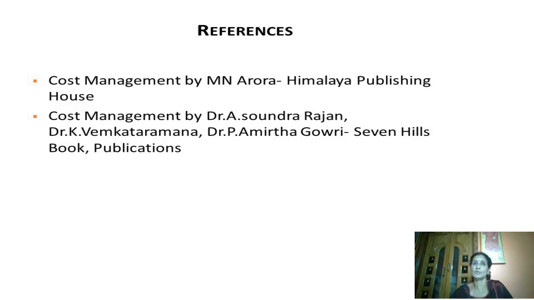When they are hiring more workers, they have to pay wages for those who were hired additionally. So in addition to the regular labor, they have to pay wages even to the additional labor. So here there is variation. The number of units is increased and the labor cost also increased. So that is the reason we can rightly say these are all variable overheads.